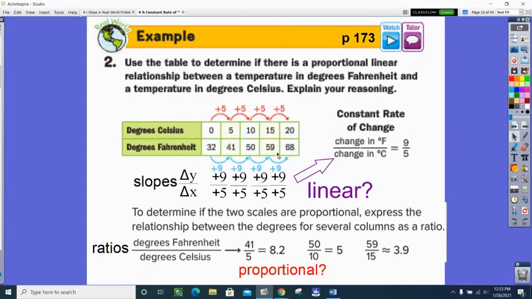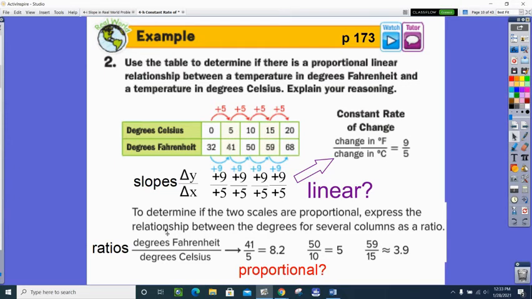And finally, 68 minus 59, yep, it's 9. And 20 minus 5 is 15... sorry, 20 minus 15 is 5. Do you see that the rate of change, by the way, slope, stayed the same all the way across the table? So there is a 9-degree Fahrenheit change for every 5 degrees Celsius. So is this linear? And the answer is yes.